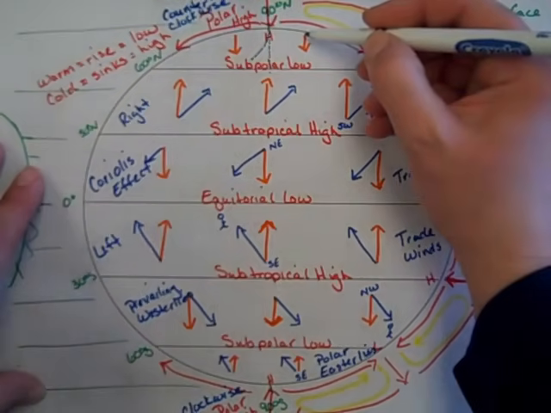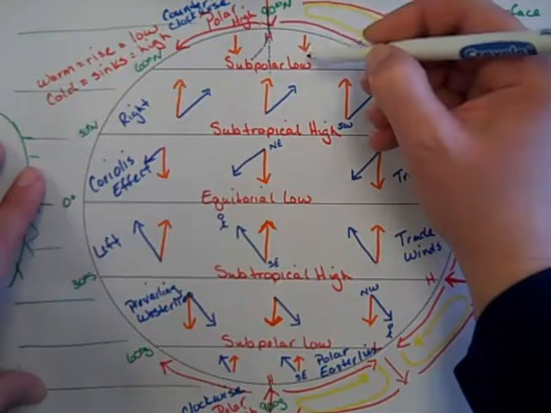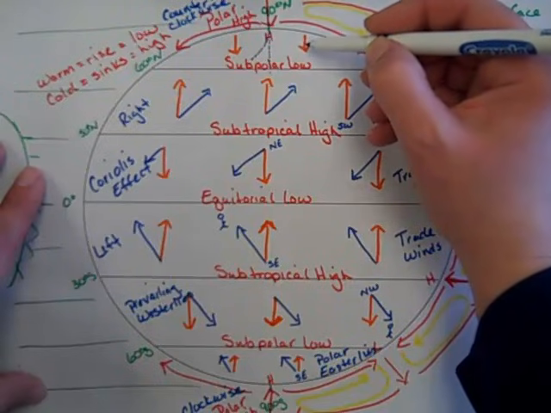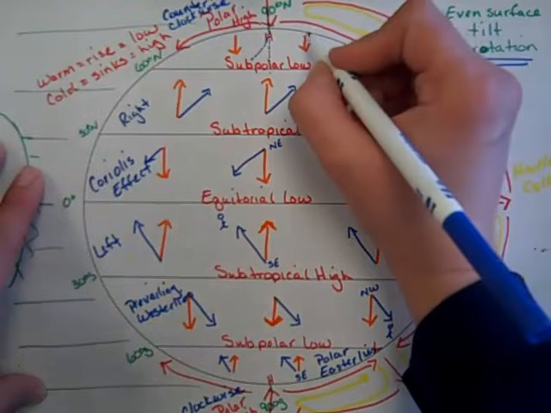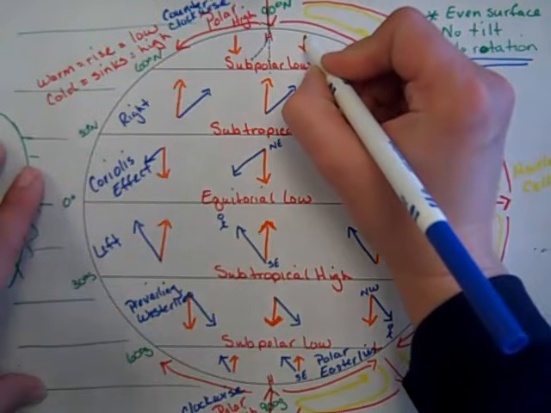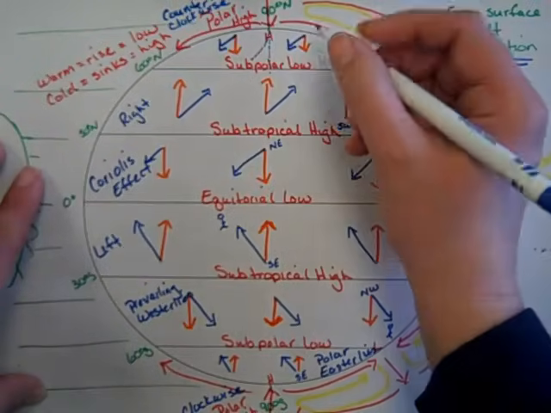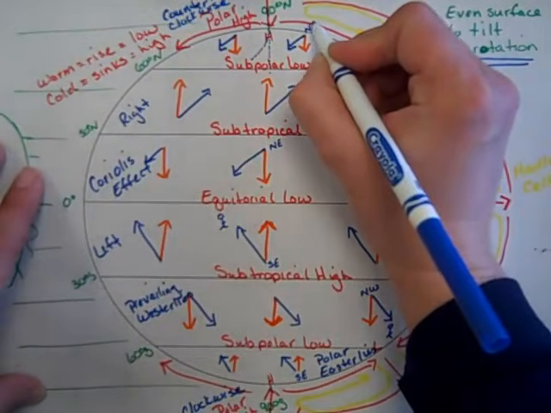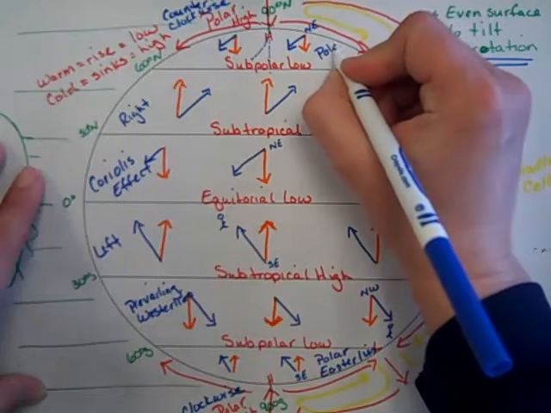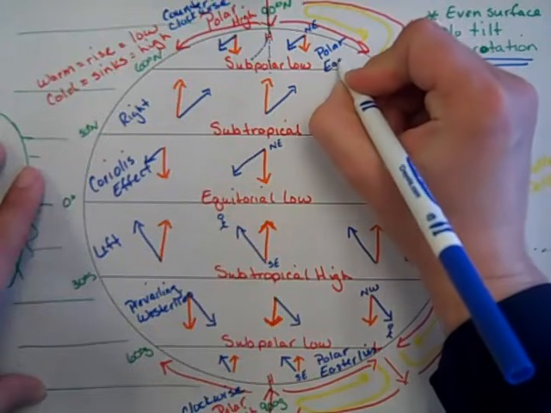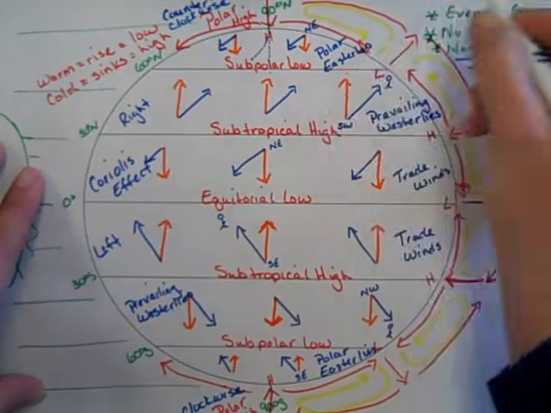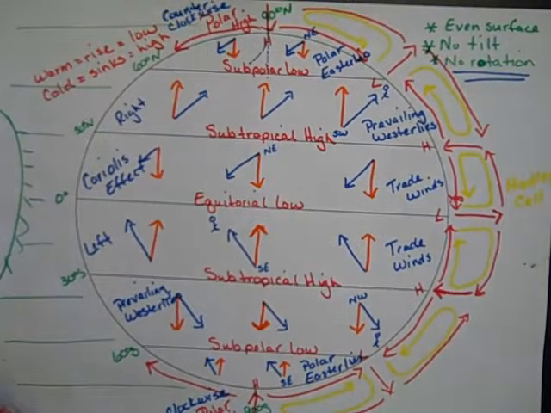Same thing here, we're at the poles, we're walking along our arrow. The northern hemisphere gets deflected to the right. So we're walking this way, we're going to get deflected to our right. And again, looks like it's kind of coming out of the northeast, so again we're going to call these the polar easterlies.